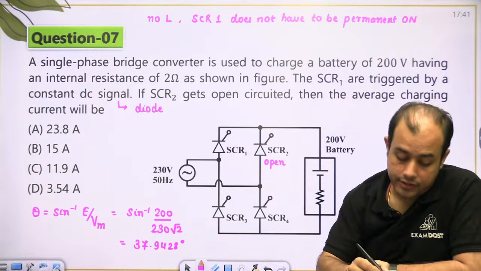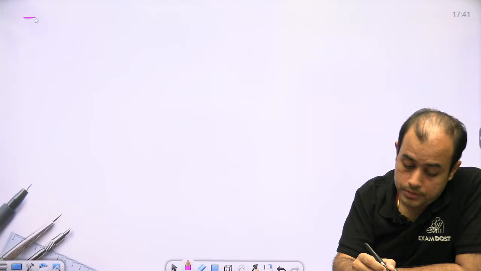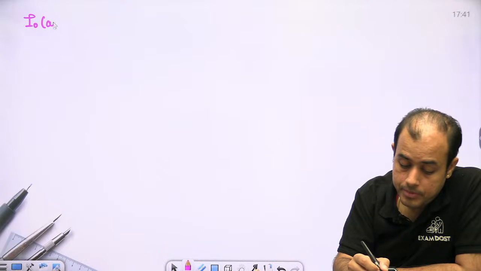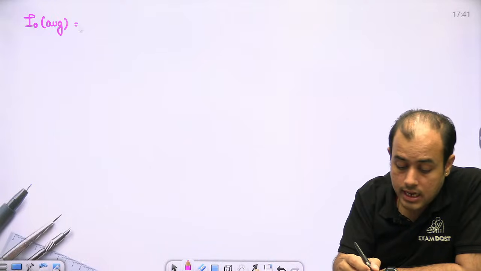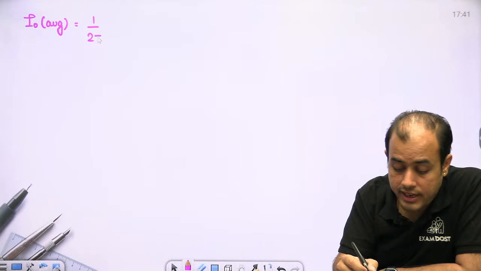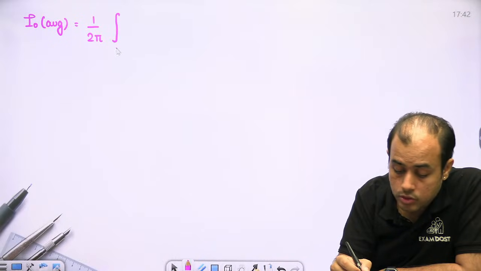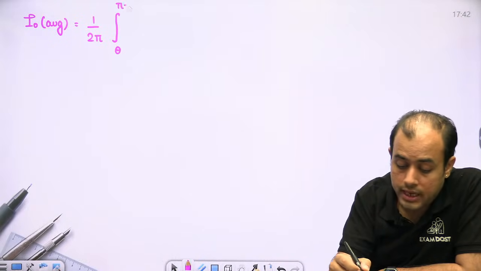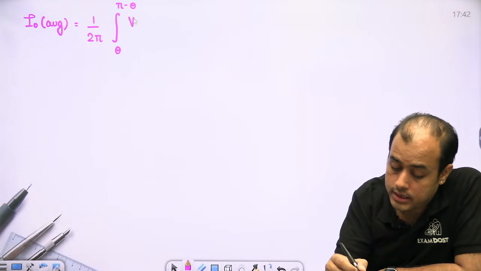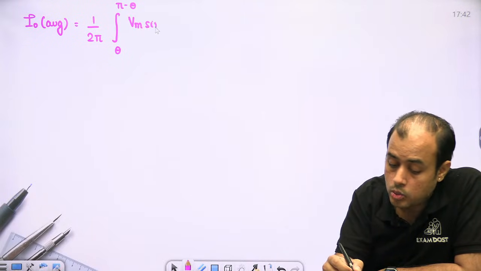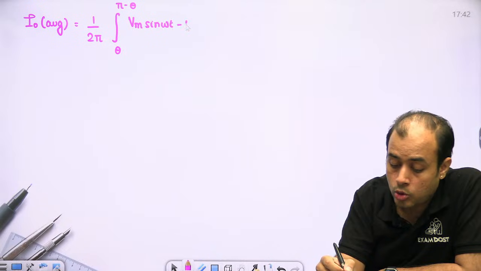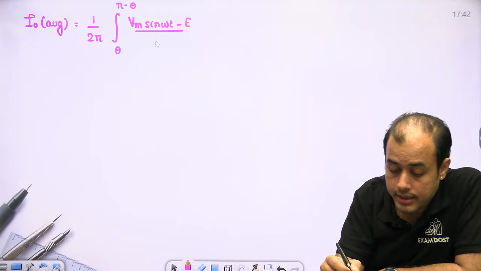Now for the average charging current मेरे बच्चों, it will now start to behave as a half wave rectifier, because only one group of thyristors is going to conduct. दूसरे वाले ग्रुप में से एक तो उड़ गया. करेक्ट.